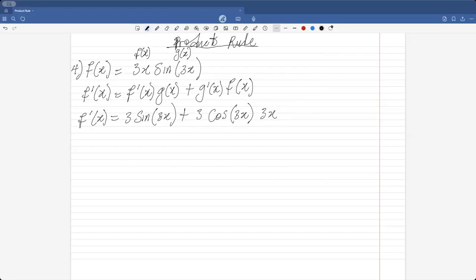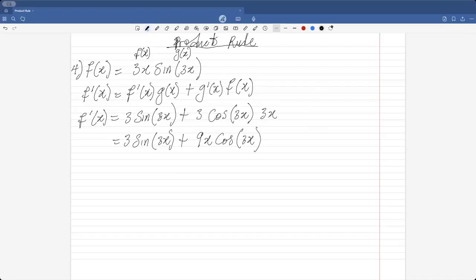So we can go ahead and simplify the function. In this case, we have some functions here, which is 3 sine 3x plus 9x cos 3x.